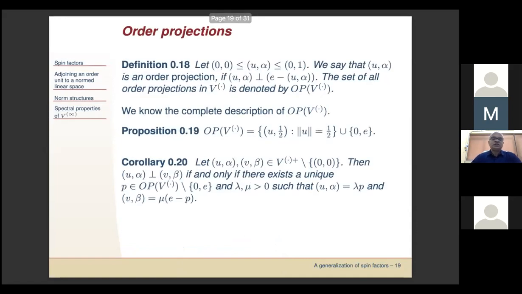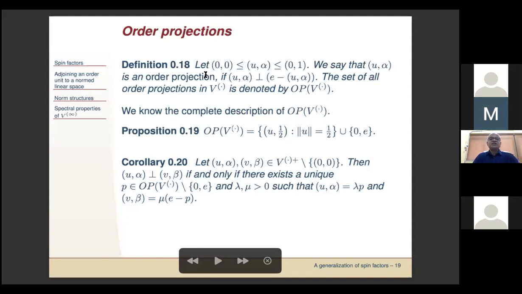To define a spectral property, we certainly need to introduce the notion of projections, which we rename as order projections, because they mimic the projections in a C-star algebra. Actually, in the C-star algebra sense, this condition precisely gives us the projections. So we call them order projections.